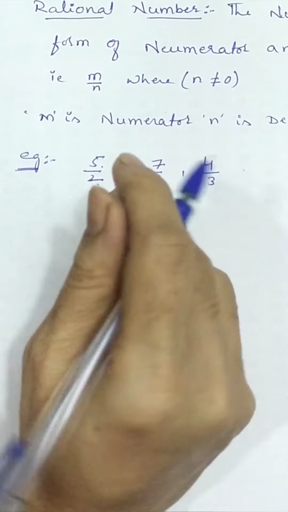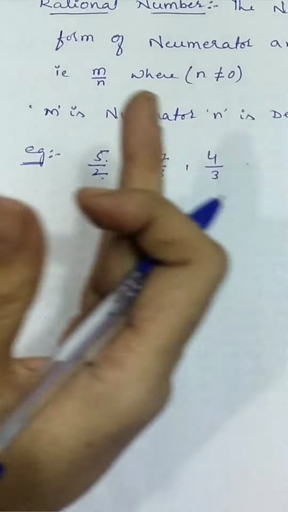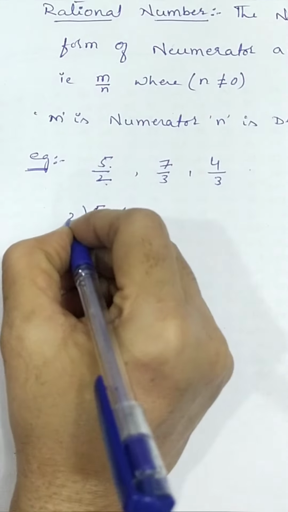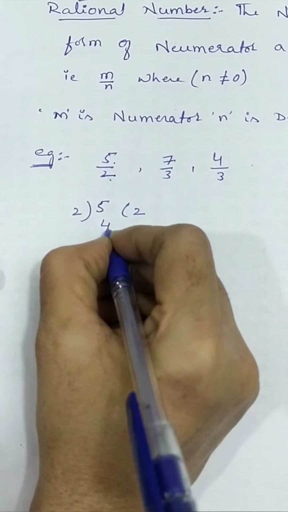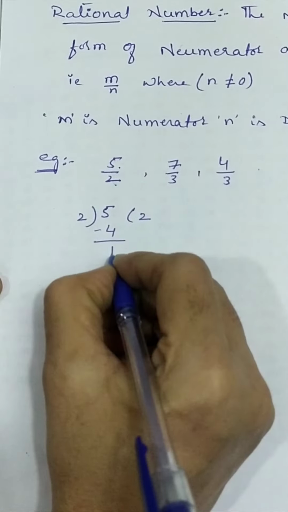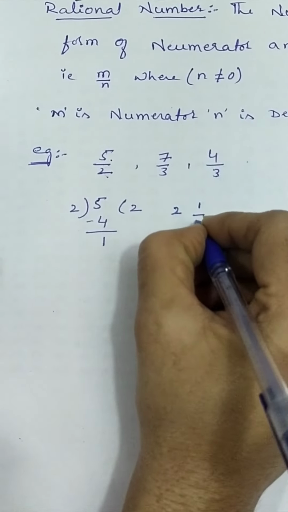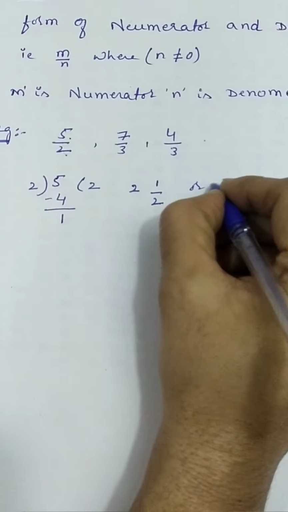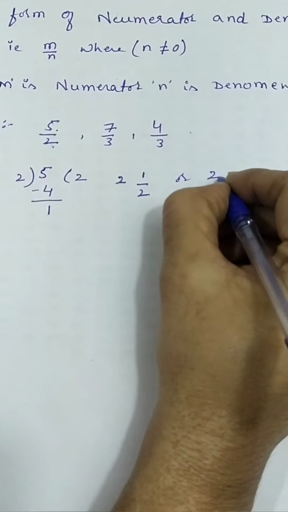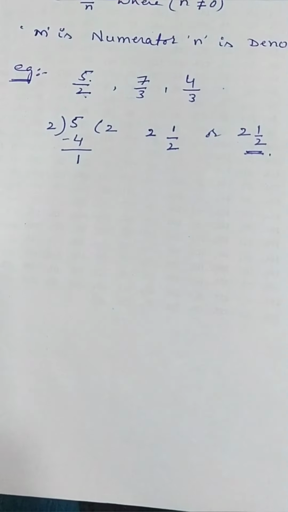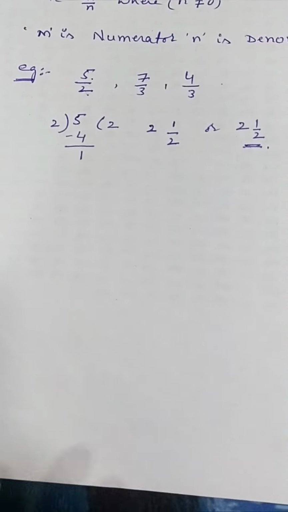In normal division, as we have learned in the lower classes, 5 will be divided by 2. 2 2s are 4. 5 minus 4 will be 1. How will we write this? In the mixed fraction, that is 2 and 1 upon 2, or we can say 2 and a half. That will be the answer. Right? Okay. This is called rational numbers.